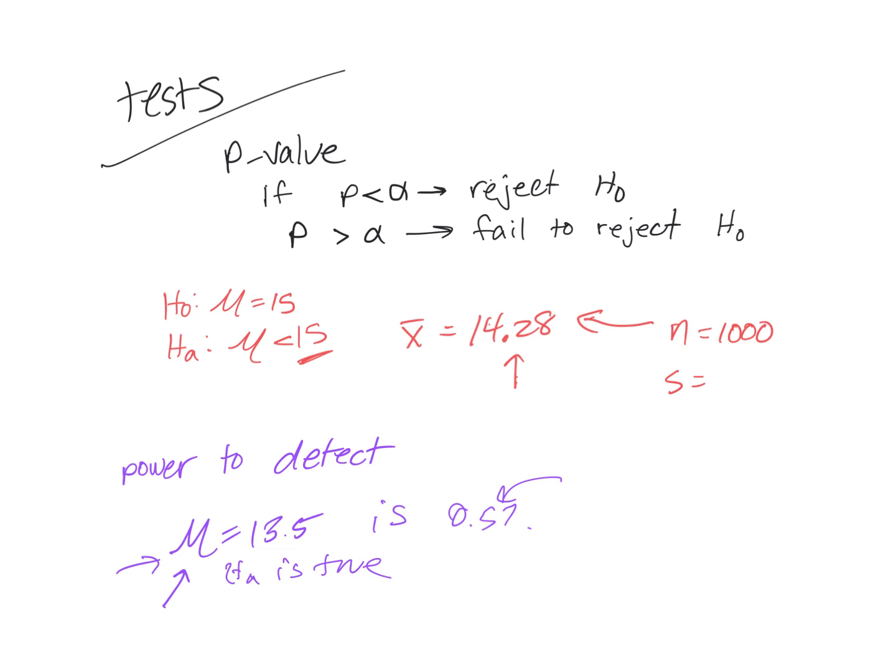By the way, if mu is equal to 13.5 and the alternative hypothesis is true, what kind of error could I make? Type 2. Okay? So if I make the wrong decision, I'm making a type 2 error. If I make the right decision, that's power, yes? So in this context, what is the probability of a type 2 error? 0.43.